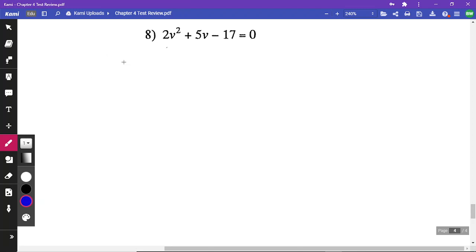So we have, using the quadratic formula, negative b, so that's negative 5, plus or minus the square root of b squared, which is 25, minus 4ac. a is 2, c is negative 17, all over 2a, which is 4. Okay, so what do we get?